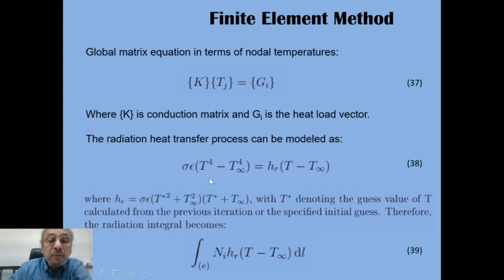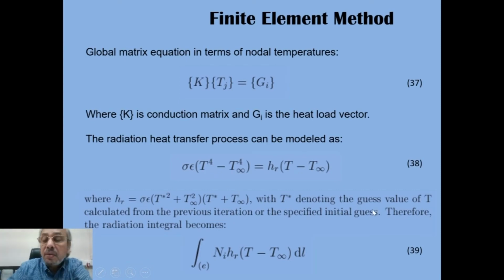Obviously, we can find it out from here: sigma into epsilon into T star square plus T infinity square, into T star plus T infinity, whereas T star is basically the gauge value of temperature. So this T, if we take as T star, and this T also T star, then this becomes the radiative heat transfer coefficient.